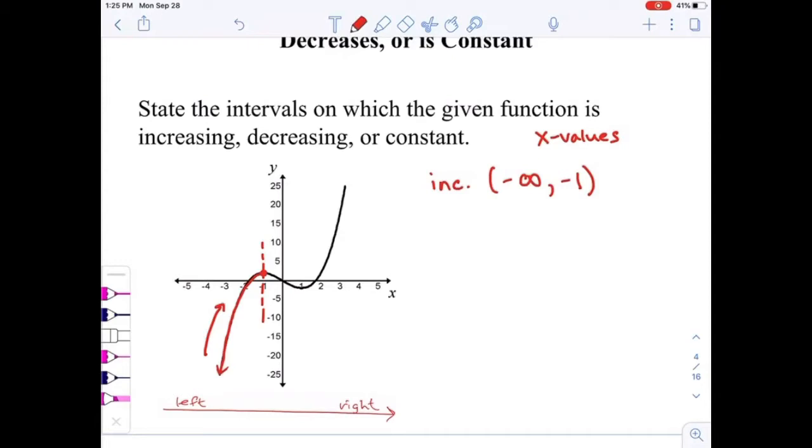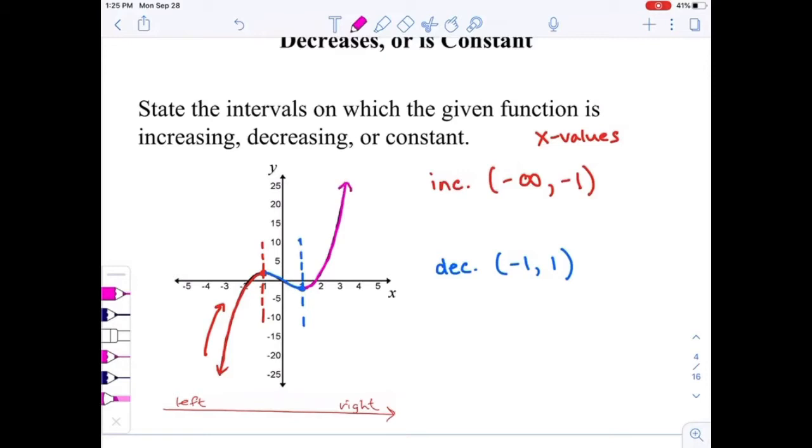And then if I look at what's happening next, I can see that this looks like it's starting to decrease, and it looks like it decreases till it gets to about here. So there's another change that's happening at about +1. So this is going to be a decreasing interval, starting at -1 and going to +1. And then if I look from there, I see that we kind of start increasing again, don't we?